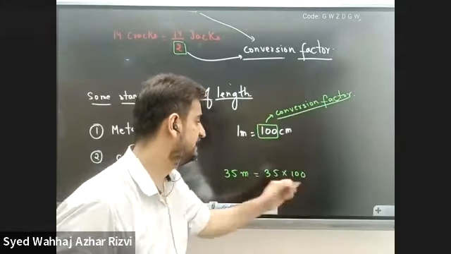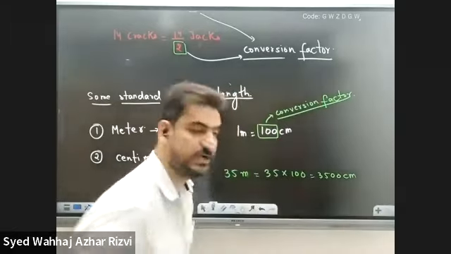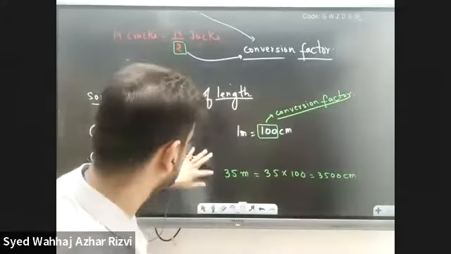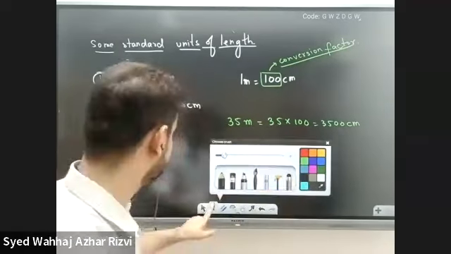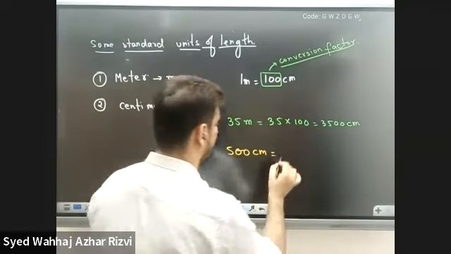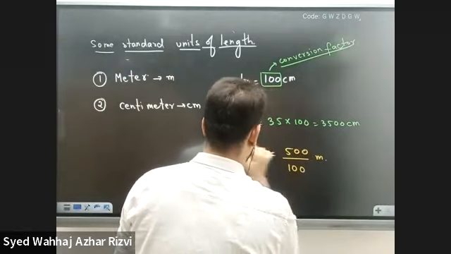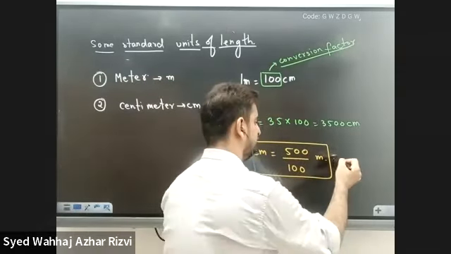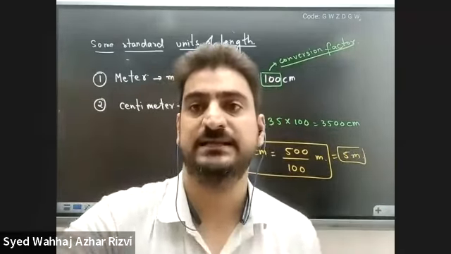We get 3,500 centimeters. Got it? Again, if we have 500 centimeters, we divide 500 by 100 to get meters. That means 5 meters. Okay, now we understand.